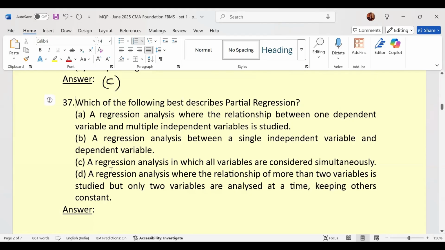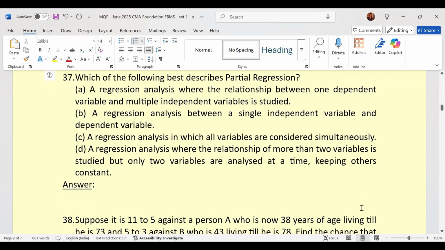Third option, a regression analysis in which all the variables are considered simultaneously. Fourth option, a regression analysis where the relationship of more than two variables is studied, but only two variables are analyzed at a time, keeping the others constant. That is the right definition. So option D is the right option. Let me move on to the next question.